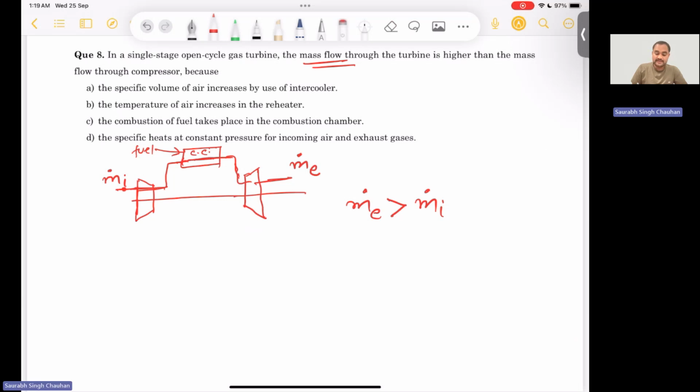Yes, it is correct. From where is this extra mass coming? It is coming from the combustion chamber, where you are adding some fuel. That extra mass appears as increased mass flow rate at the outlet of the turbine.